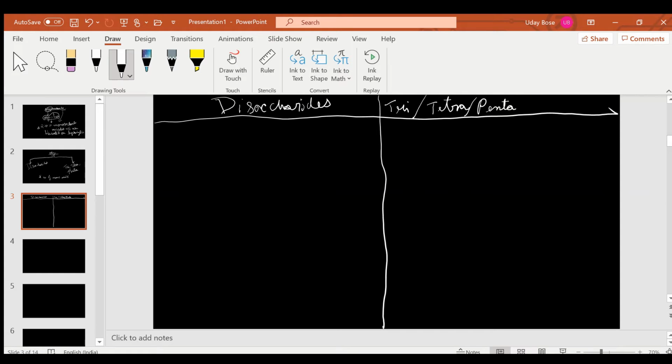In disaccharides, the general formula is Cn(H2O)n-1, and in tri, tetra or pentasaccharides there is no such formula, but there are 3, 4 or 5 monosaccharide units.